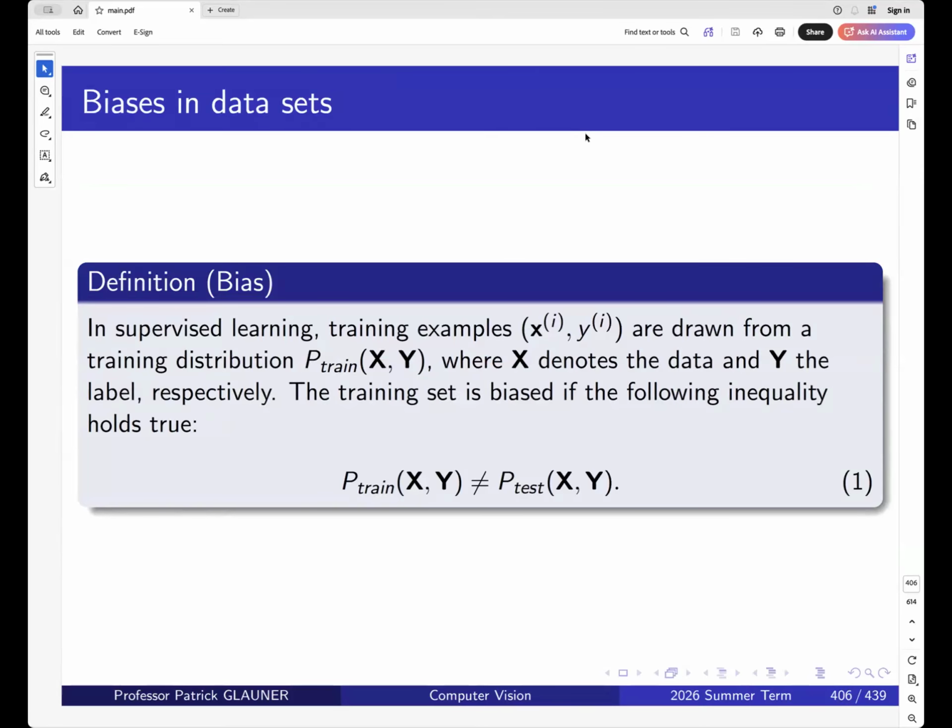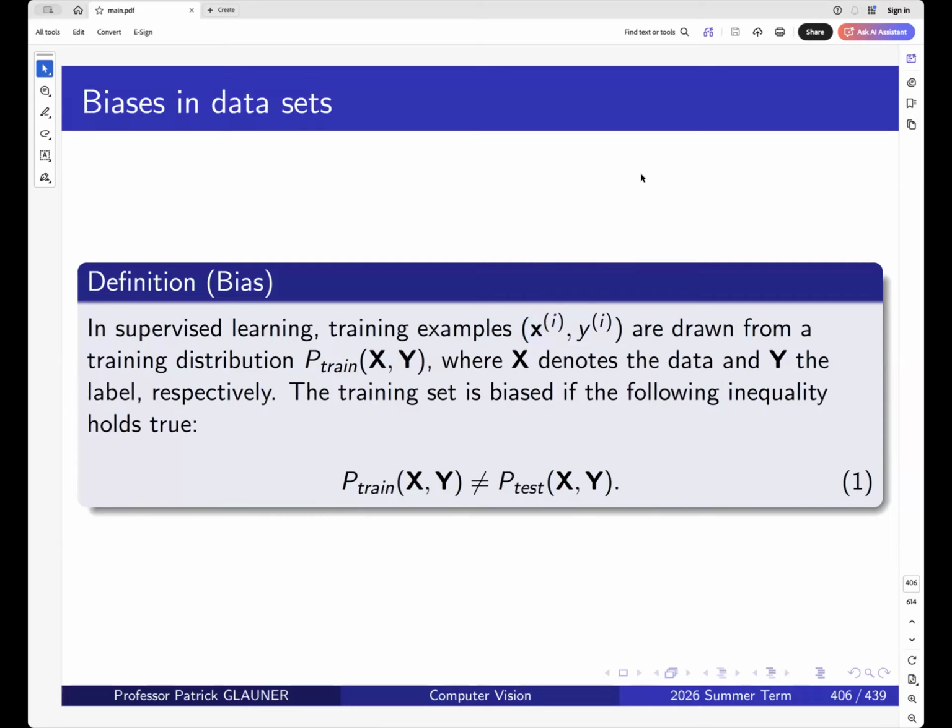I'm now only interested in a supervised learning setting. So we have training examples where x is our input. x is a vector, so multi-valued, or it can be an image or whatever. It doesn't matter whether it's an image or just some data, that's why it's in bold. It has index i, and in my notation, as you've seen before, I always prefer to use a superscript index for the enumeration.